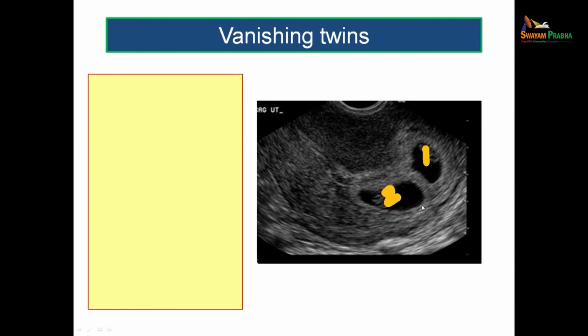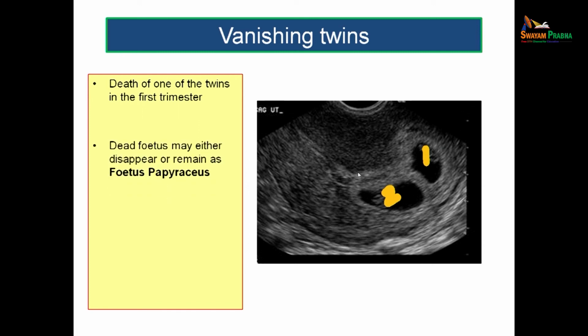So, this is first twin and this is the second twin. But at times what happens is there will be death of one of the twins in the first trimester itself. During the remaining antenatal visits, when she undergoes ultrasound for the second time, the doctor will be revealing a report that only one fetus is present.